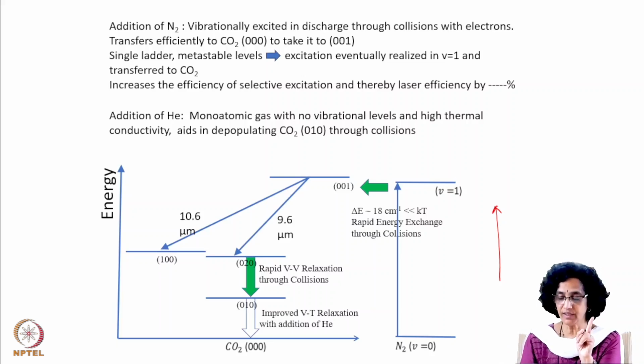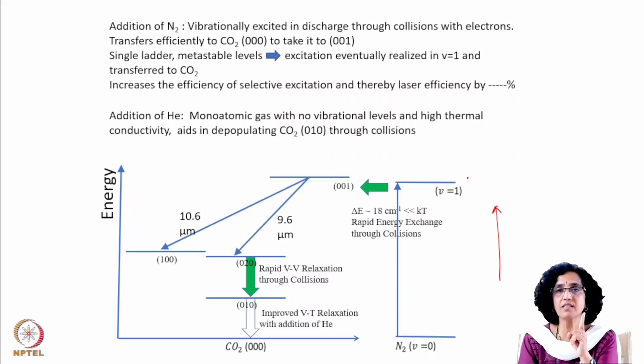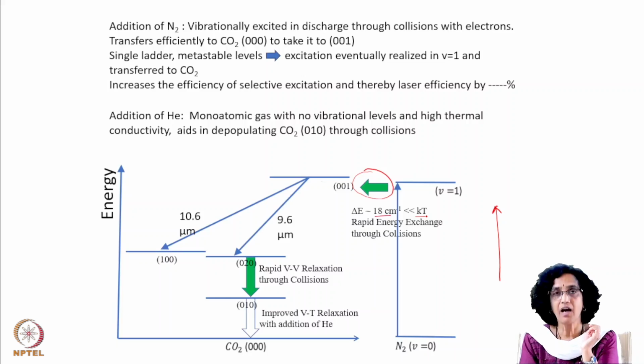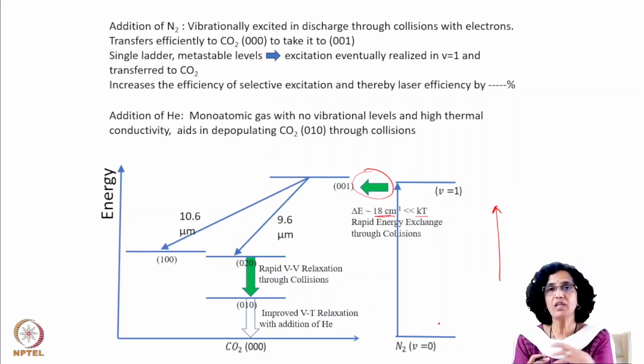The most important consideration here is that nitrogen V equal to 1, that is its first excited vibrational state, and the CO2 001 are very, very close. They're 18 centimeter inverse apart, which is much, much less than kT. How much did we say kT is? kT is 200 centimeter inverse. So it is much less, it is 18 centimeter inverse. So collision of CO2 with nitrogen can actually result in a very good exchange of energy.